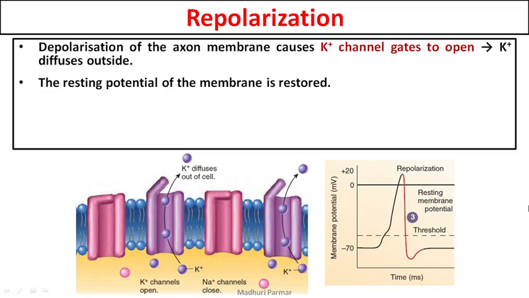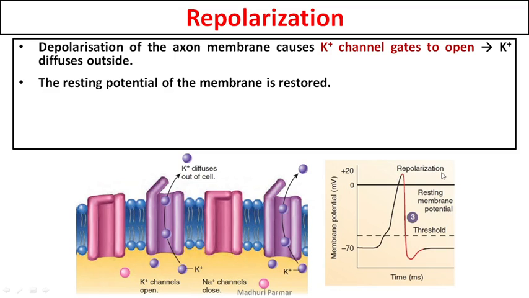Clear? Now because of this movement of potassium ions, potassium ions जितने full speed से बाहर जा रहे हैं, at the same rate your resting membrane potential is restored. देखो, in this same graph you can see कि अभी repolarization हो रहा है.